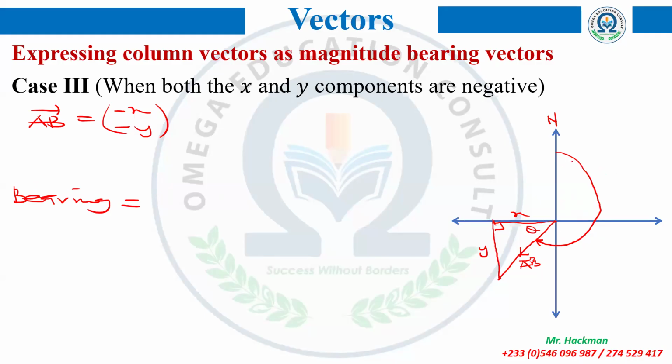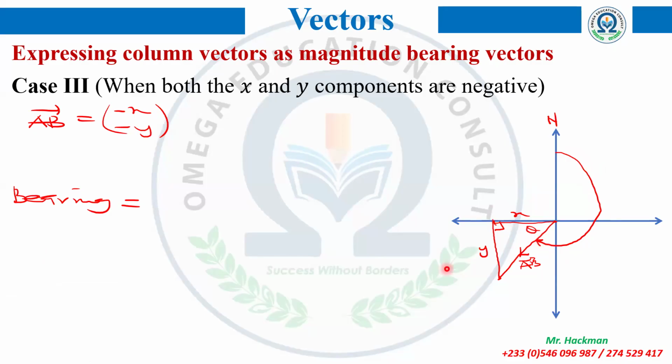Do you agree? So if I subtract theta from 270, I will get the bearing from here to here. Do you get it?